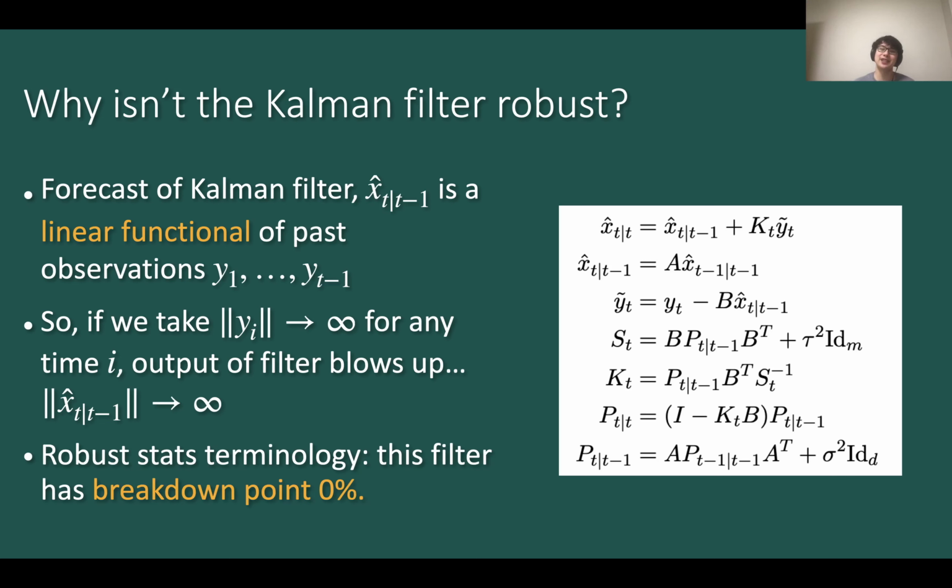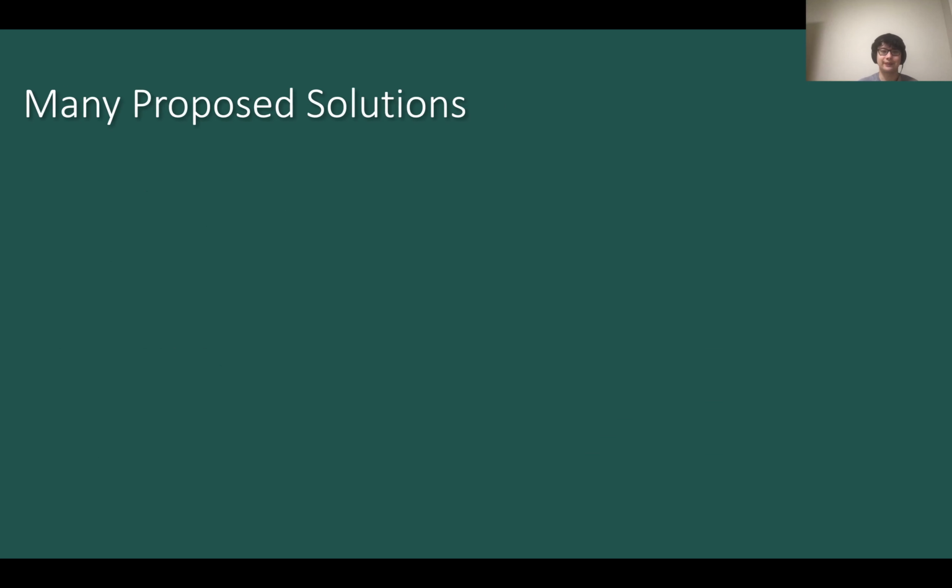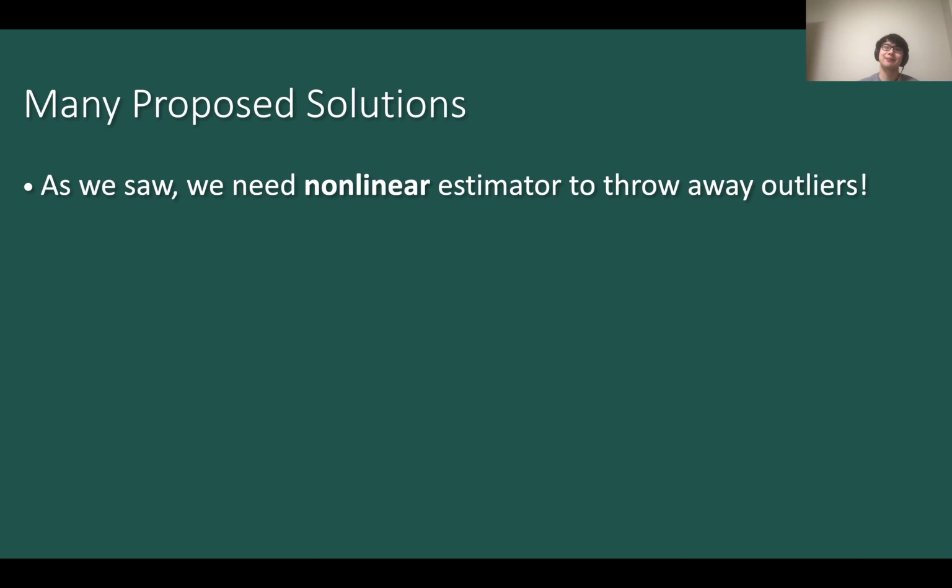In the terminology of robust statistics, I would say that this filter has a breakdown point of 0%. This is basically the least robust possible estimator. This is not just a theoretical problem, but a real problem that occurs when you apply the Kalman filter. There are many proposed solutions. The thing that they all have in common is that they are nonlinear.